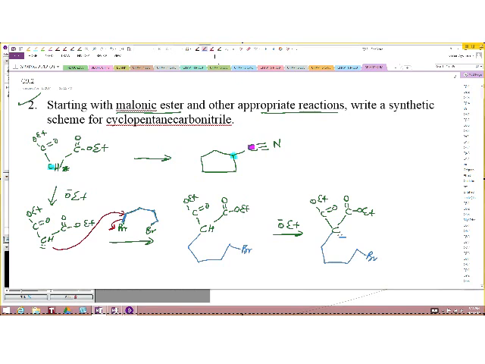Once you form this enolate, you now get your intramolecular SN2 reaction, in which this simply comes here and displaces this. Of course, you don't have to give this mechanism unless I ask you for the mechanism. So now, what do you get? You get this.